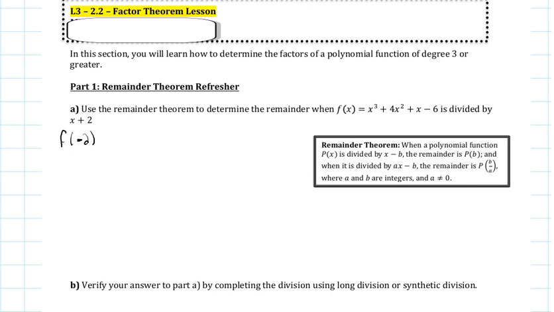Once I plug this into my equation, I can find what my remainder is. So the answer would be my remainder. We covered that in the previous lesson, and this is how I find what my remainder is.